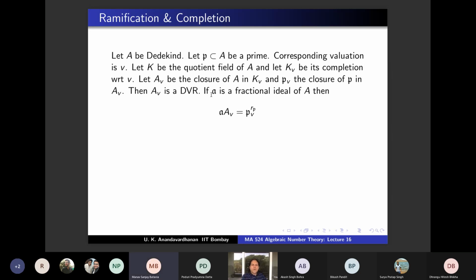So what I'm doing is, you have a fractional ideal 𝔞 which is global, and then I'm taking the product with this local thing, 𝔞A_V, and I'm saying that it is P_V^{r_P}, where you can guess what r_P is. One. Why do you say one? Then that would mean every 𝔞A_V is a prime ideal.